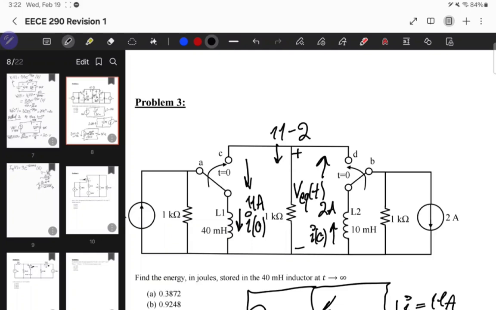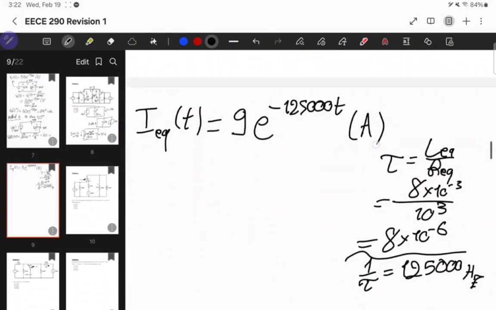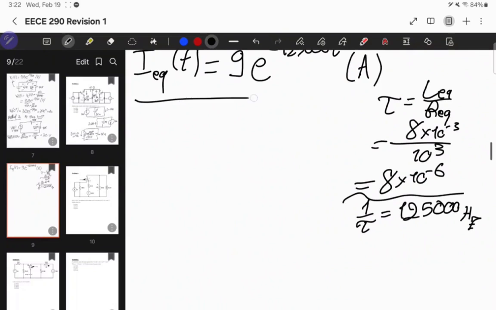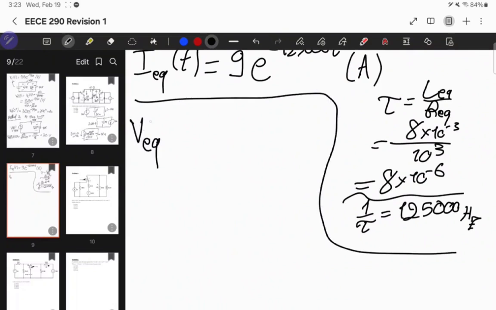Because everything is in parallel, the voltage across the parallel inductors is equal to the voltage across each inductor separately. So I can get the voltage across the equivalent inductor, v of t, and this is going to be L di by dt, with L equivalent, and i is i equivalent, which we calculated just now.